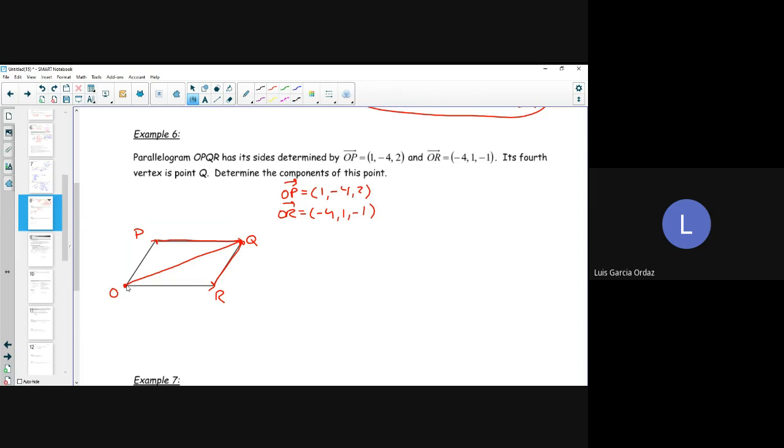So OQ, from what we know from last lesson, is going to be vector OP plus vector OR.